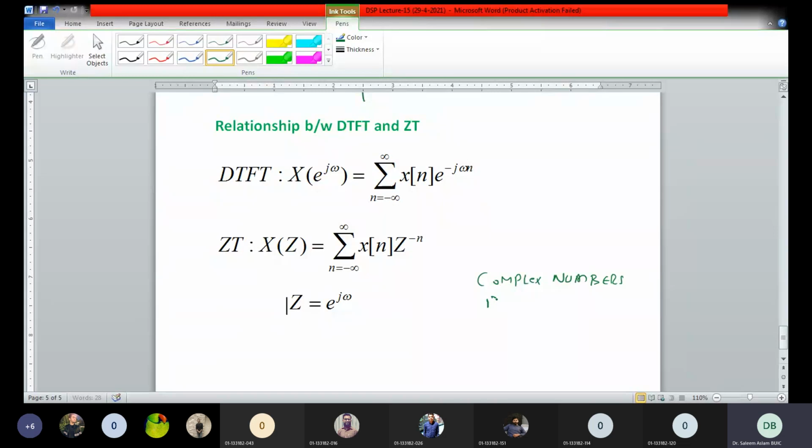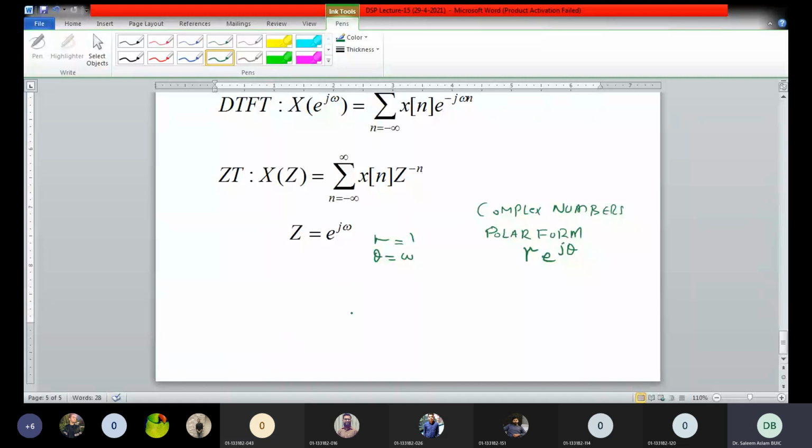If you take its polar form, this is r e to the power j theta, right? So what about r here? The value of r here is 1, and theta is equal to omega.